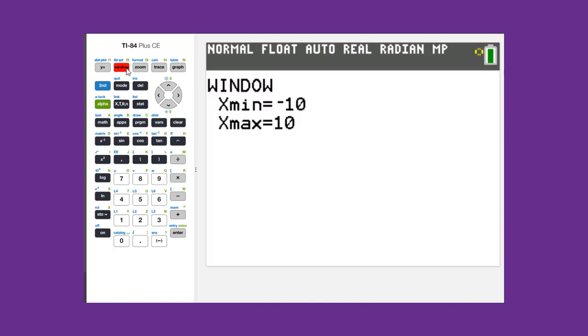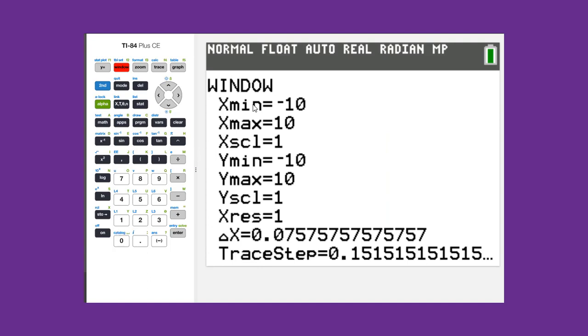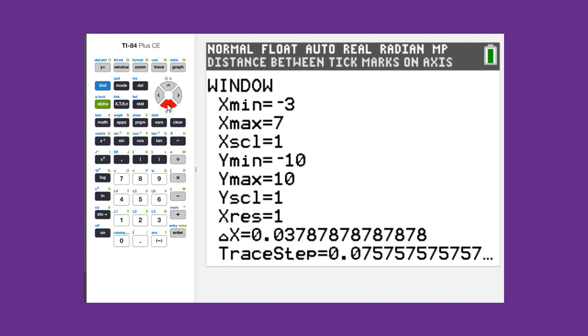So I change the window. X minimum I set up like negative 3. Maximum I set up like 7. Then the scale definitely is 1. For Y minimum value, I will set up like negative 50. Maximum is 50.